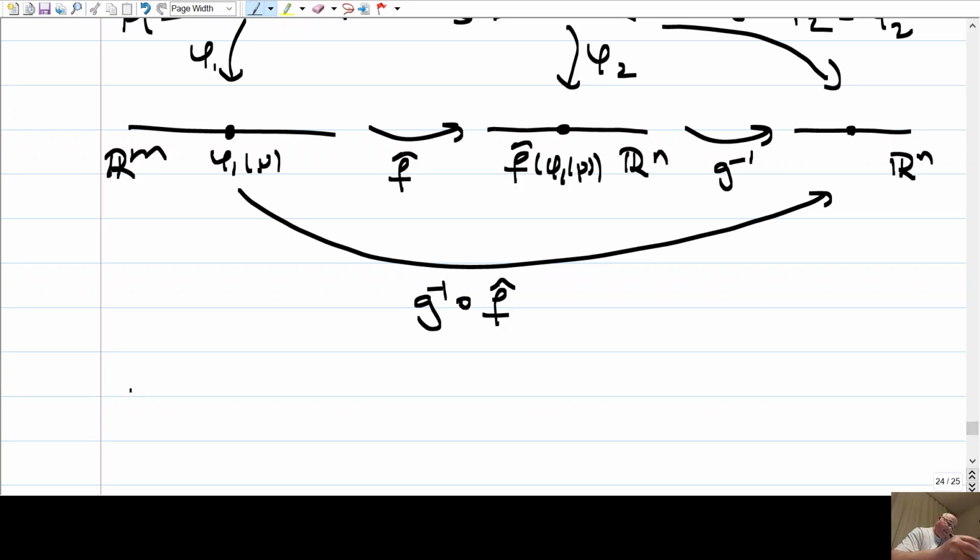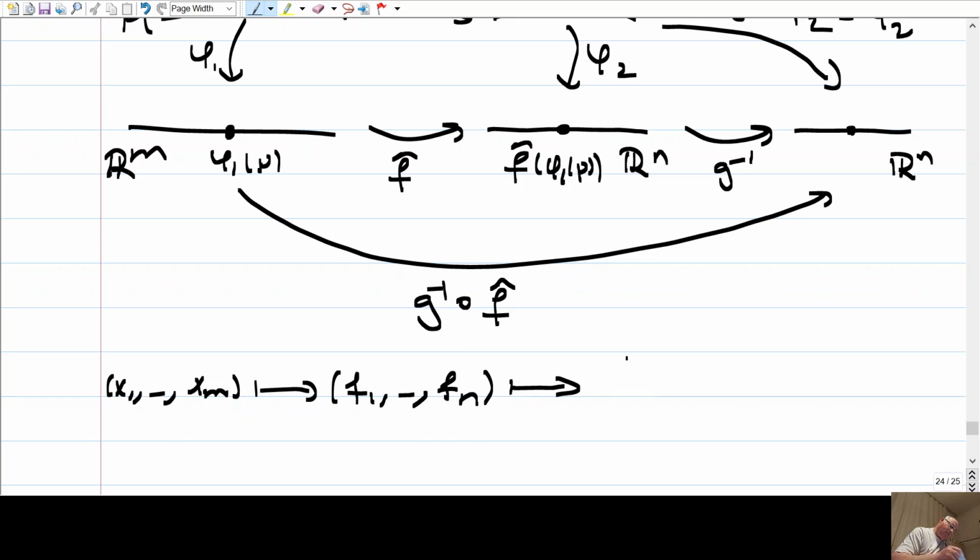Let's see if it is the case. Here I have coordinates x1 up to xm, and this is mapped under f hat to f1 up to fn. Then this is mapped under G inverse to G inverse of f1 up to fn.